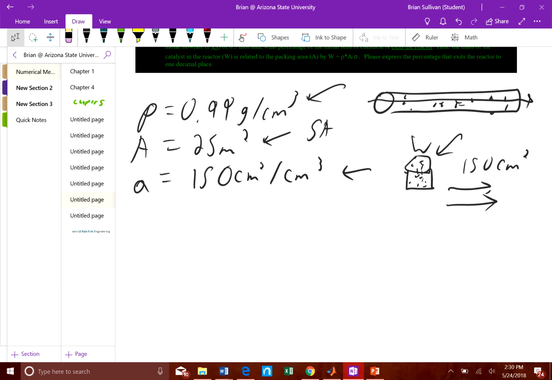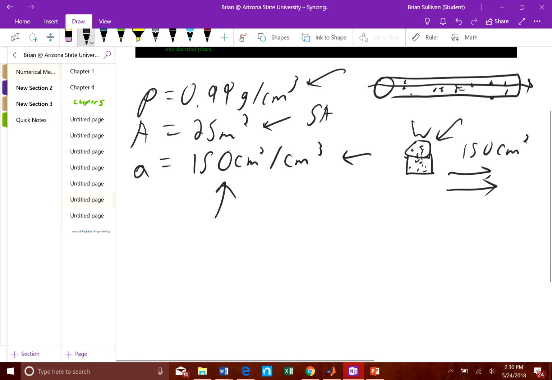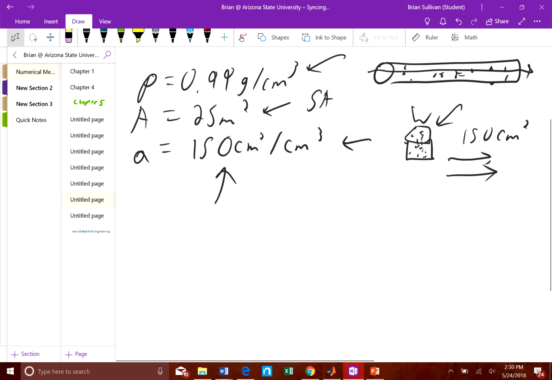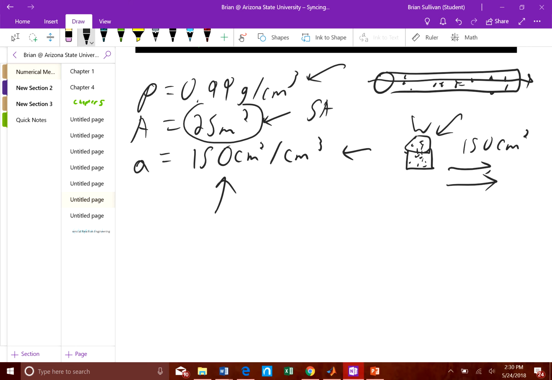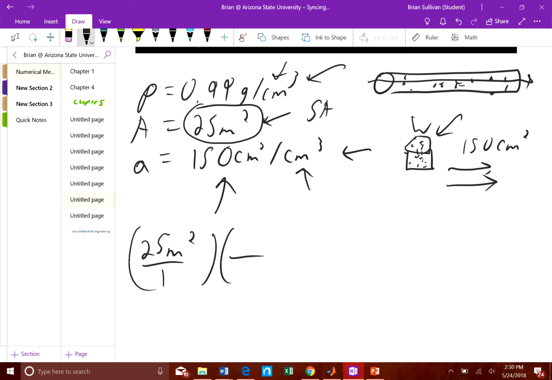Okay, so how do we get weight from that? Well, you can look at the units and quickly say, I know where I'm going to start. I always start with how much of something I've got: 25 meters squared. Now all these guys are in terms of centimeters cubed, so I want to convert that to centimeters, a relatively easy calculation, and square it.